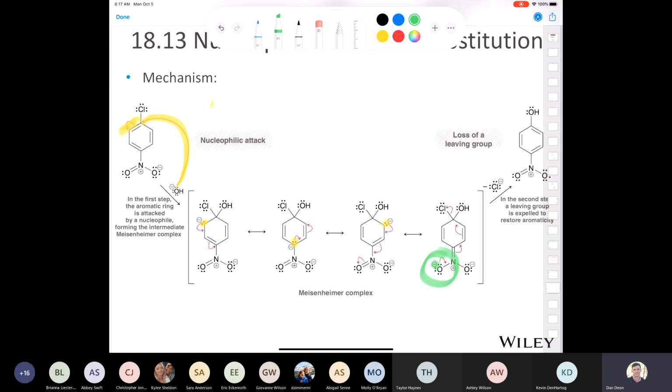So basically the way the book describes it is, the nitro group can be a reservoir for that negative charge, or for those electrons, and then we can push all these arrows shown here at the end to eject the chloride, and then we restore aromaticity. Okay, this is a mechanism you have to know. Know this mechanism, and I guarantee you that I assigned some questions in the book that ask you to draw the mechanism of the nucleophilic attack, the Meisenheimer complex.